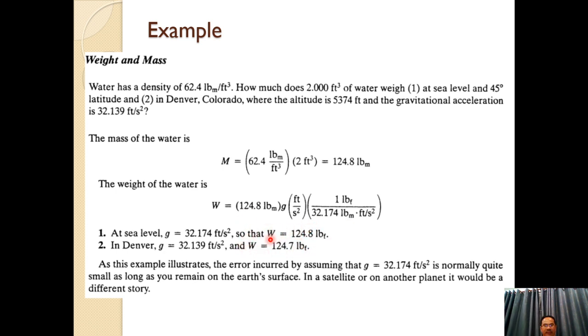You get this weight. For this example, we can see that an error occurs by assuming g is the same everywhere, because normally g at the Earth's surface is 32.174. But for something like a satellite or another planet, it would be a different story, maybe a different value.